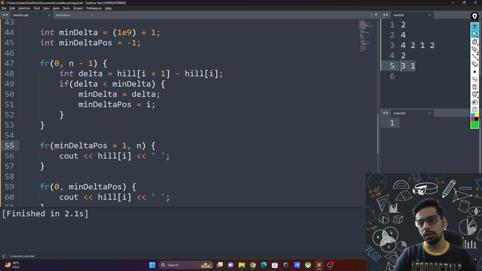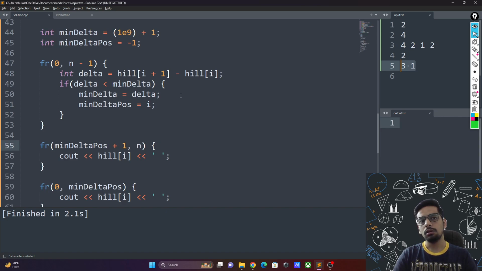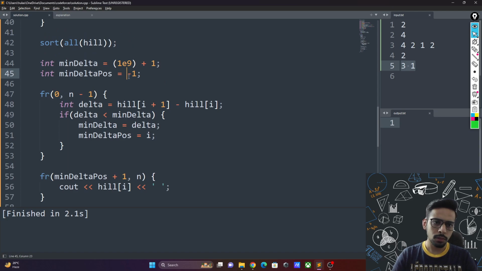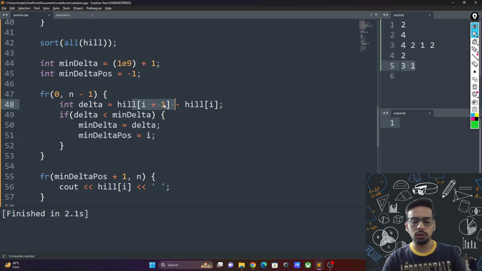Okay, what happens when n equal to 2? Could that be the thing breaking it? Let's quickly look at it. Min delta pos is 1 minus 1. Then loop through from 0 to 1, actually 0 to 0. Check the delta as hill at 1 minus hill at 0, which would be 2.